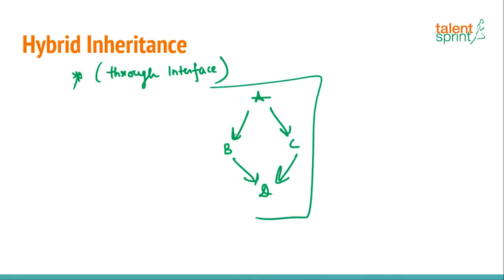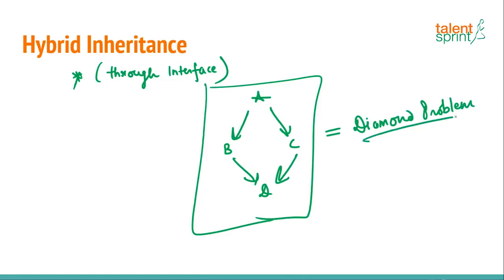This kind of structure can only be implemented by interfaces, and this is also sometimes referred to by the term diamond problem. Alright. So these are the five different types of inheritance.